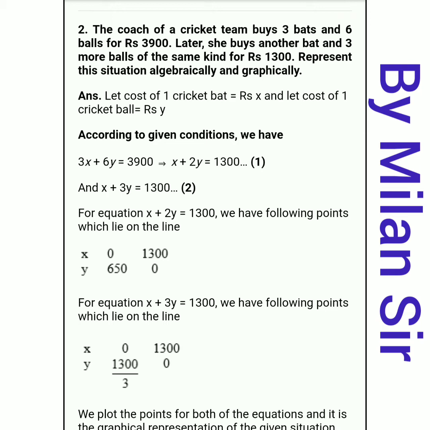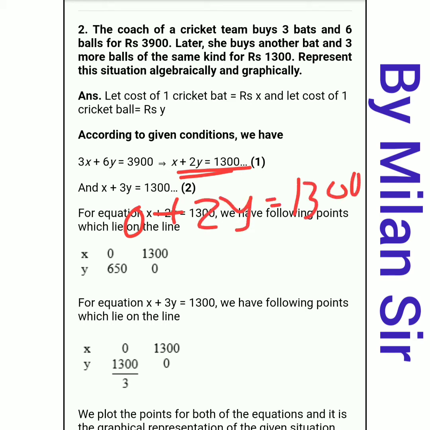For finding those points, the intersection points with the axes, one time we take x equal to 0 and try to find y, and one time we take y equal to 0 and find x. So the same thing here, x plus 2y is equal to 1300, this is our first equation. Now put x equal to 0. So 0 plus 2y is equal to 1300.